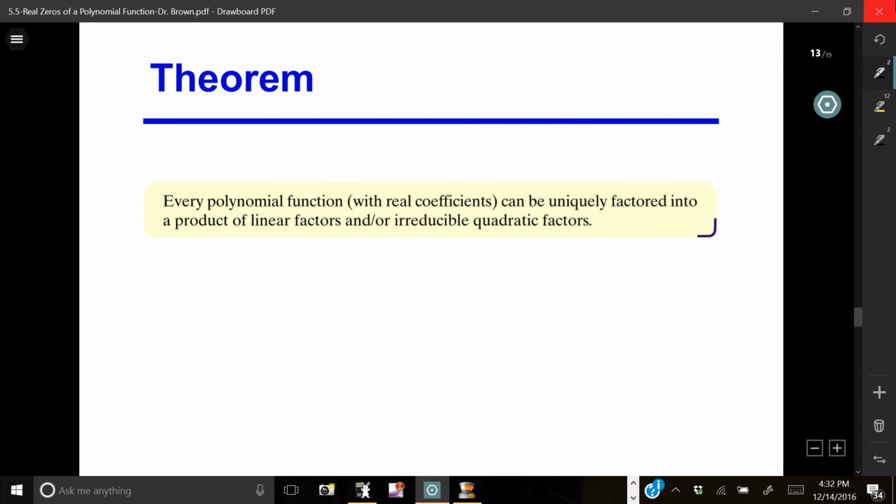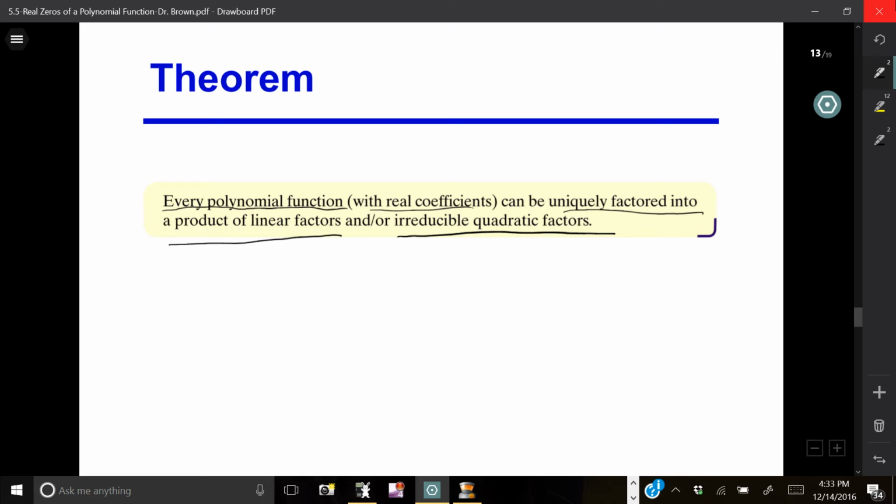One other theorem, this will sort of become apparent the more you work these problems. The theorem is that every polynomial function with real coefficients can be uniquely factored into a product of linear factors and or irreducible quadratic factors.